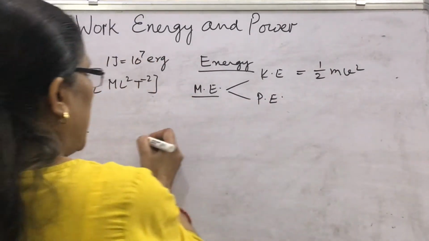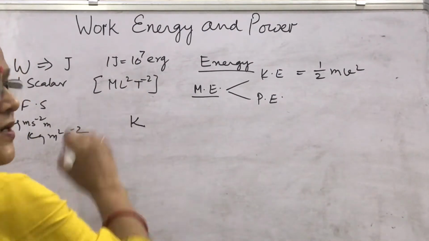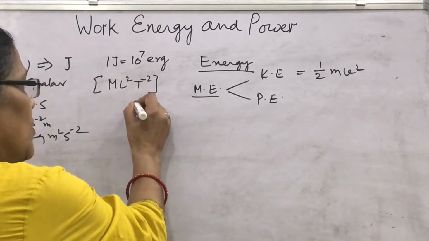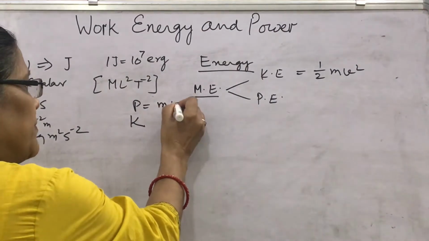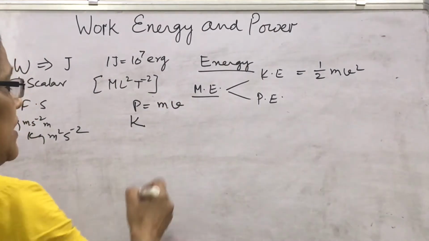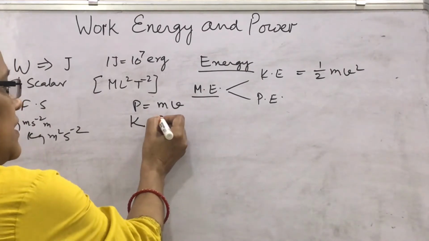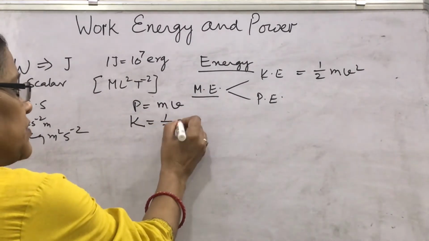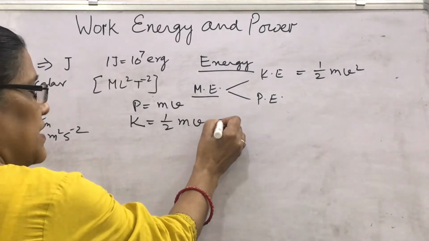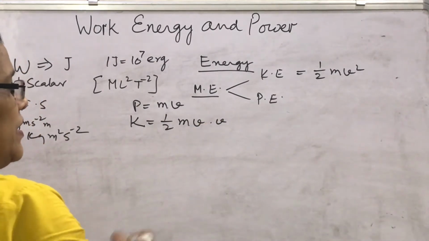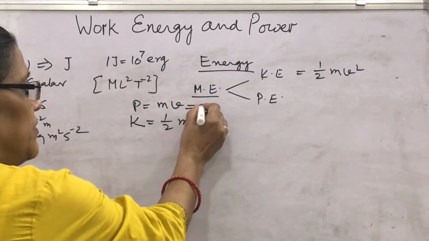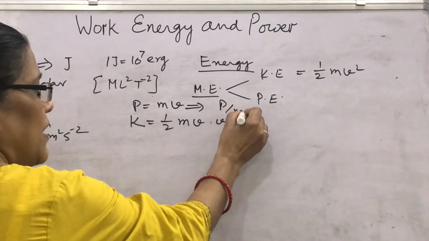How can you write kinetic energy related with momentum? You know, momentum is a vector quantity given by mass into velocity. Taking only the scalar values, K is half mv square. Mv square can be written as mv into v. In place of v, what can you write here? p by m as v.